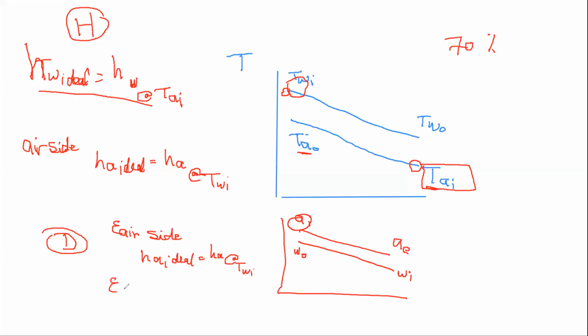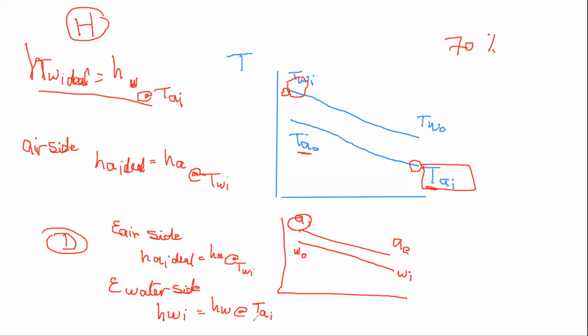And I'm looking for epsilon on the water side. Water is going to be heated here because it will recover energy from the air. So H water ideal is going to be H water at, since water will be heated, what is the highest temperature here? The inlet air temperature.